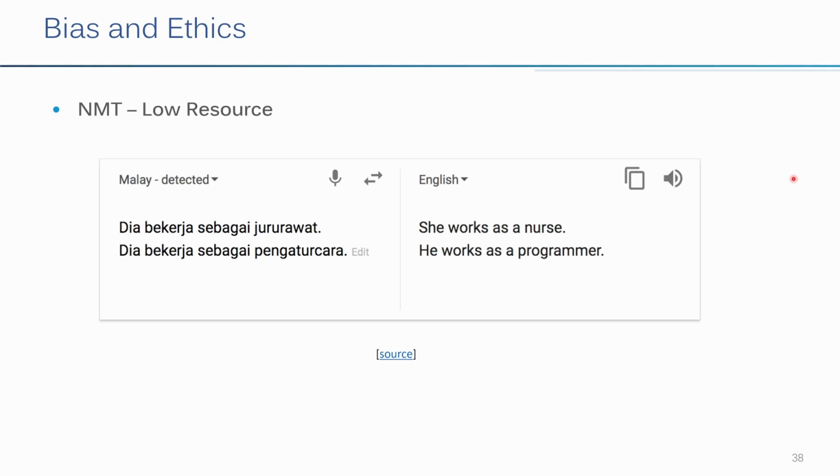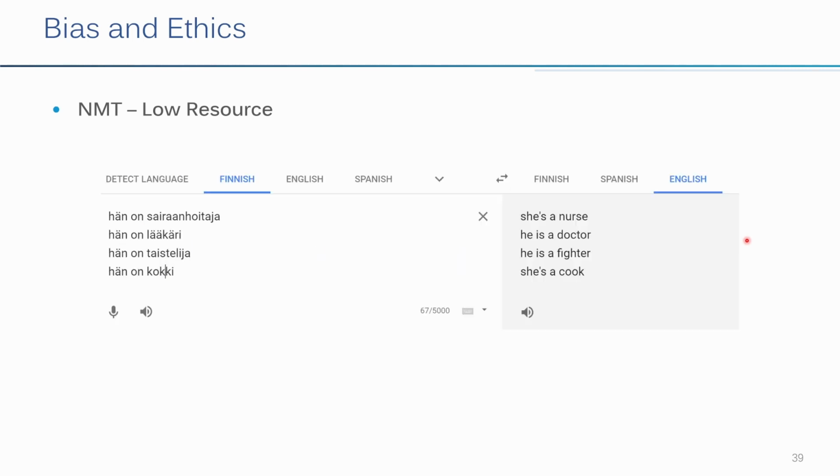So for low resource languages, if you just change the profession of that person, you'll see that certain pronouns will be categorized as one profession, but by changing the profession using the same pronoun, they're translating to something completely different, which is somehow alarming. This also happened with other languages like Finnish to English, in which by changing again the professions, the pronoun will change quite a lot simply because of the data that they have there.